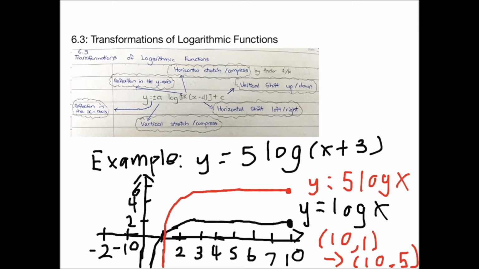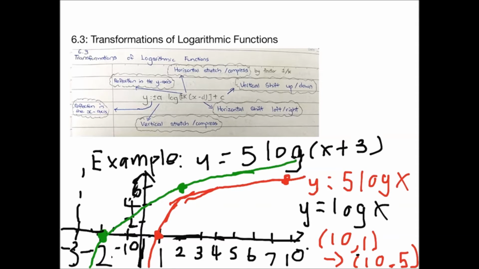Now, apply the horizontal shift from y equals to 5 log x to y equals to 5 log bracket x plus 3. The anchor points and vertical asymptote will both shift 3 units to the left. When you shift to the left, the anchor point will shift from 1 to negative 2.